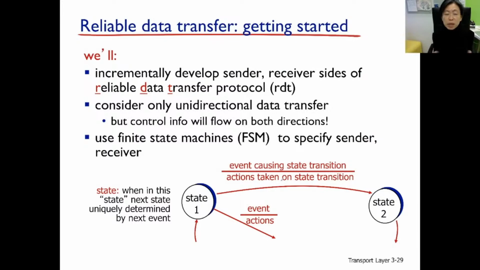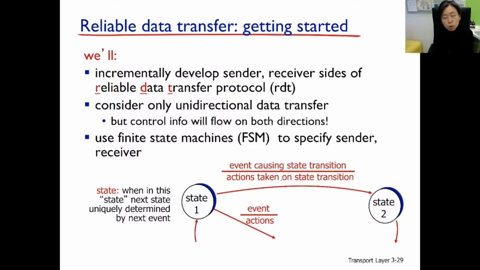Now, we'll try to describe generations of these reliable data transfer protocols. As Polly mentioned slightly earlier, these various generations, one is simpler, second slightly more complicated, third even more complicated. So they go from simpler RDTs to more complicated RDTs.